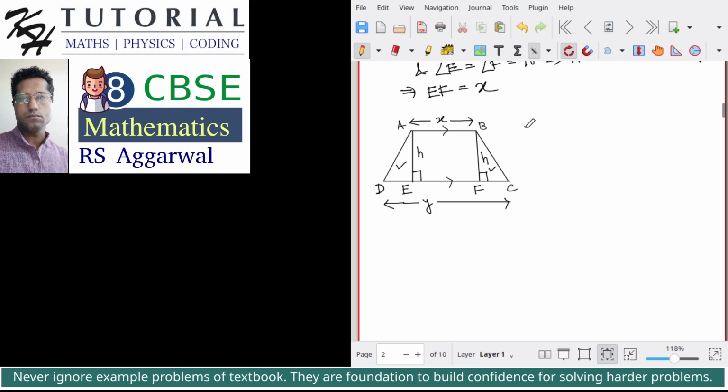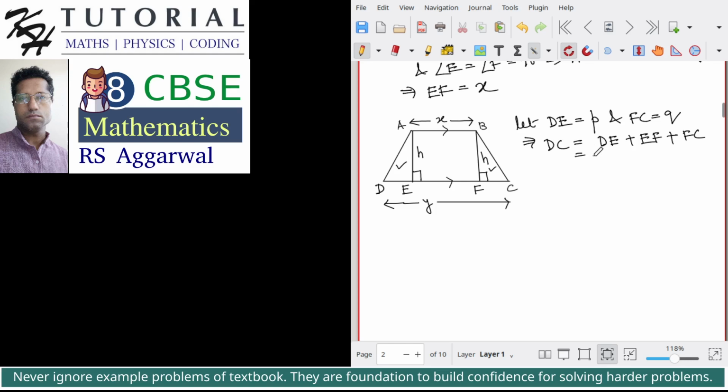So first, let DE be equal to P. Let the length of the side DE be equal to P, and also let FC be equal to Q. That is, FC, the base of the triangle BFC, is equal to Q. Now this will imply that DC will be equal to DE plus EF plus FC.